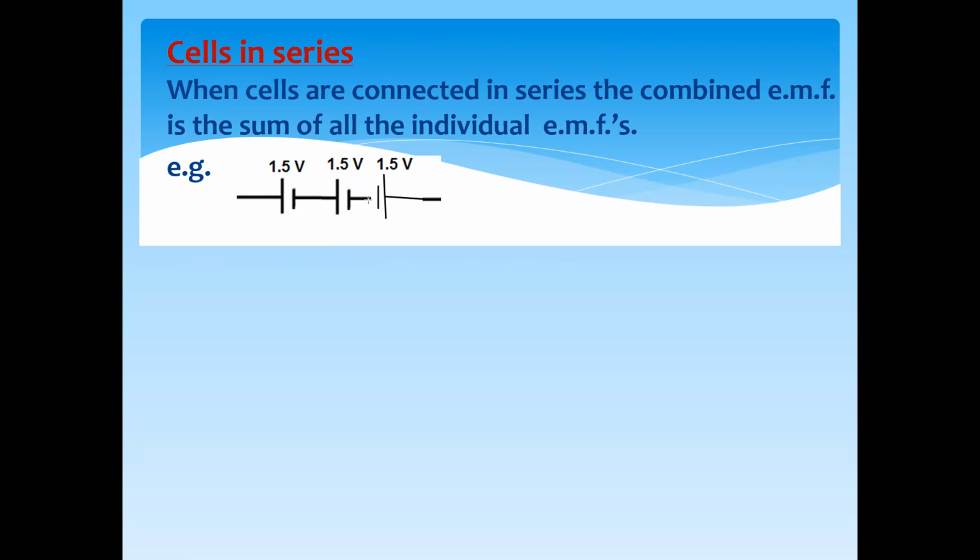Now, what is the combined voltage produced here? The combined voltage will be equal to 1.5. Why will it be 1.5? Because these two cells try to transfer energy in opposite directions. So these two cells will cancel out each other. When these two cells cancel out, the total voltage is because of one cell.